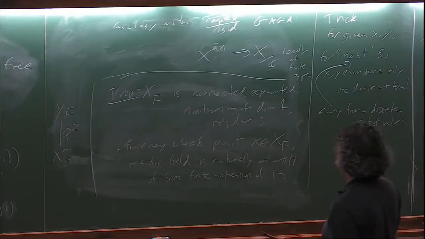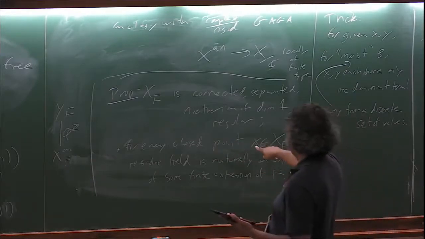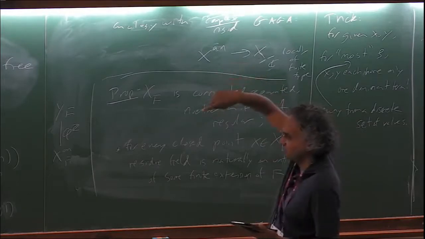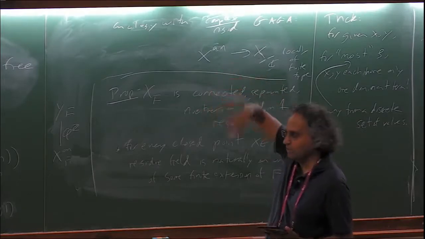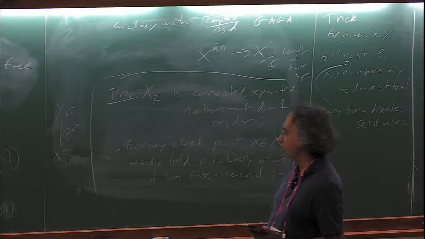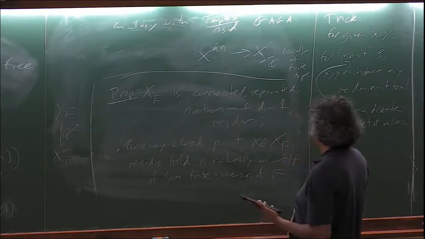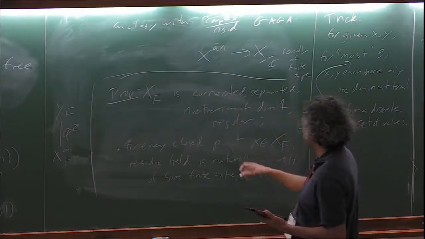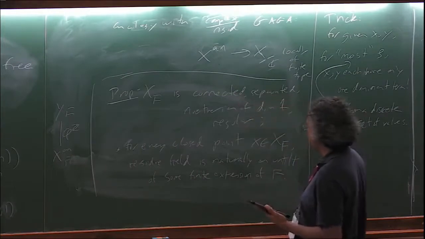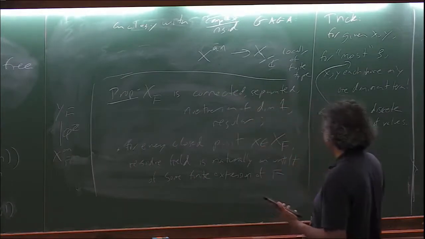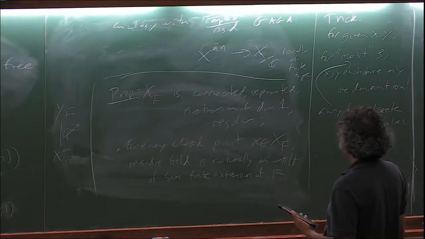So you can take this point and map it to the spectrum of A-inf, and that will give you a primitive ideal. It might not be over F, but after some finite extension of F, it will resolve to some primitive ideal.